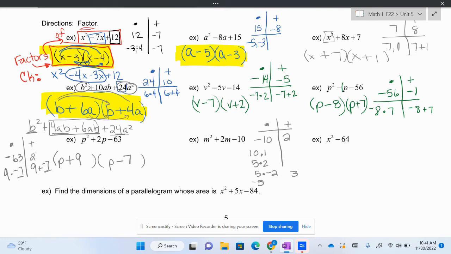If I make it a negative 5 times a positive 2, that gives me a negative 3. There are no factors that I can multiply together to get a negative 10 that when I add them, I get a positive 2. So this is already in the simplest form.